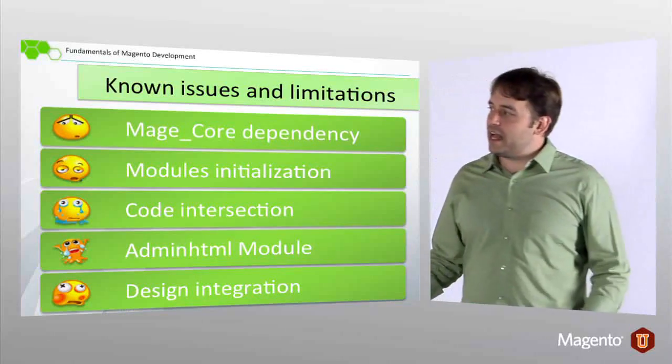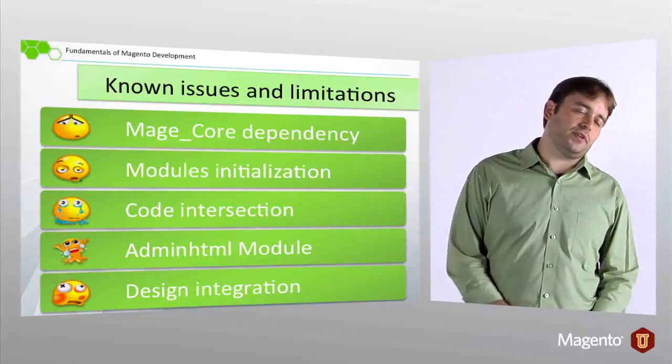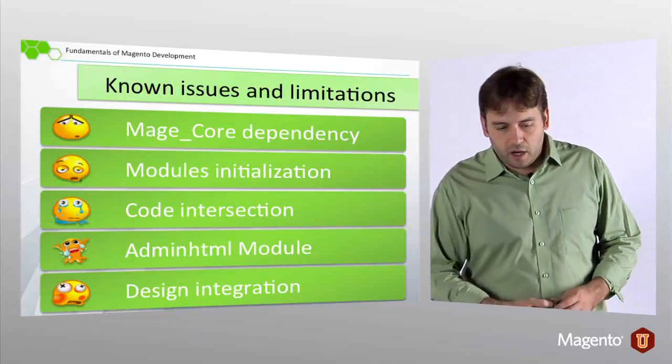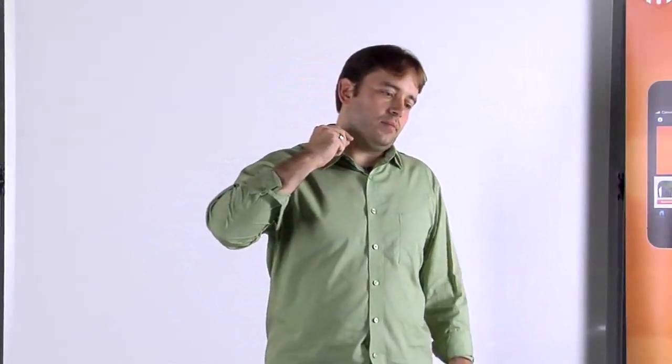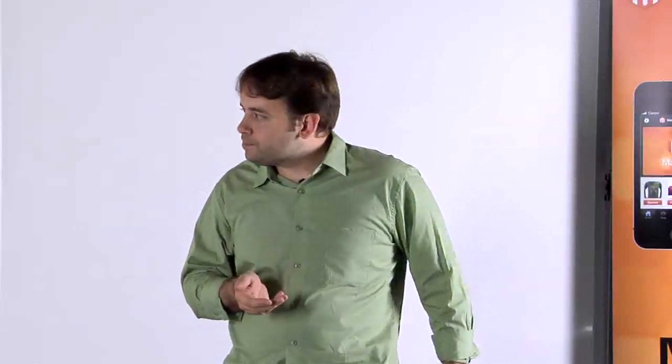And then the last thing is the design integration. This simply means that oftentimes, if you need to change something functionally, if you have some sort of functional process inside of your module, inside of your PHP classes, you're probably going to have to tie that to some sort of template in order for it to do anything.